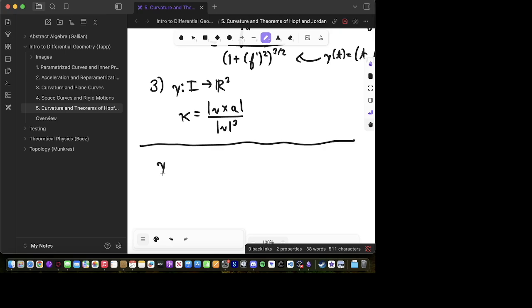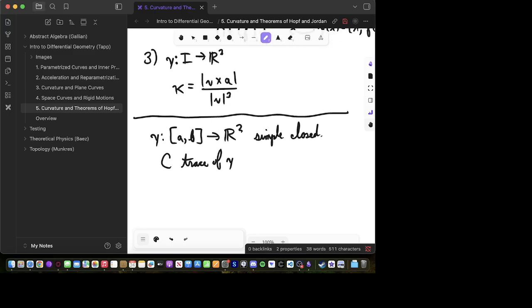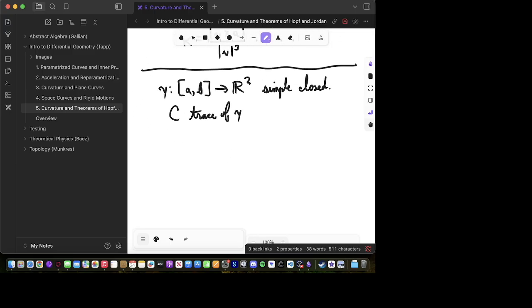Suppose that we have a plane curve, and it's simple and closed. And suppose C is the trace of gamma. There are two theorems that we can talk about here.